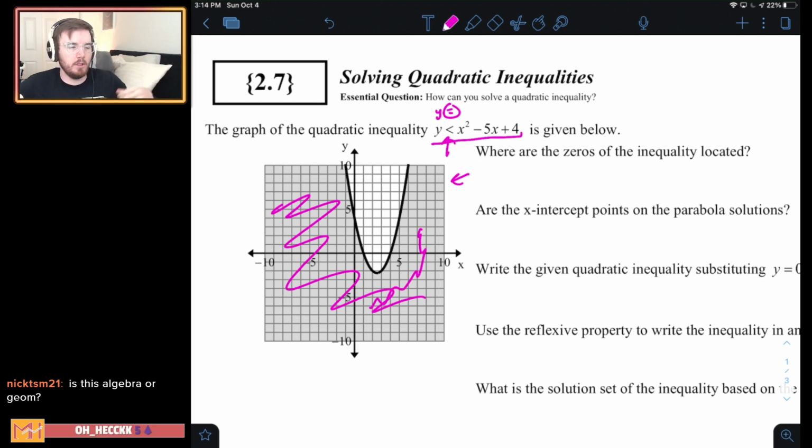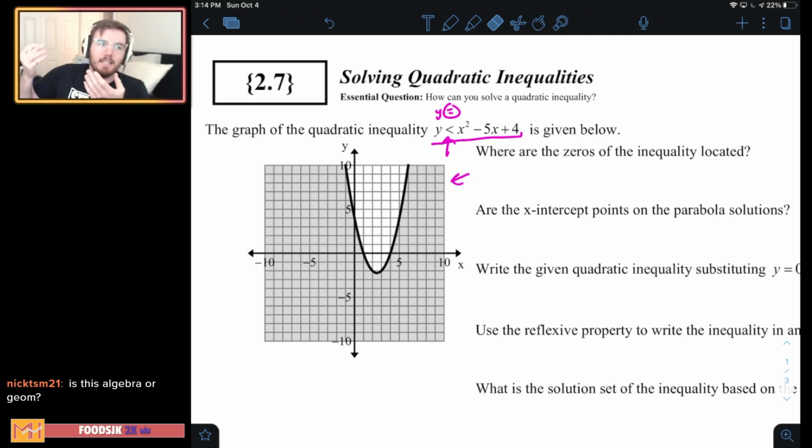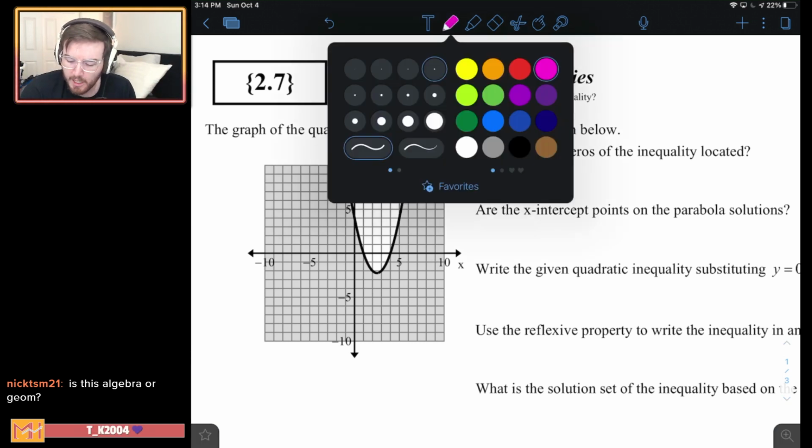So shaded below means less. Shaded above means greater. I think that's pretty straightforward, because less means to be underneath. If you have less money than them, your dollar amount's going to be underneath. If you are less worthy, you're small, you're being overcome by the more powerful person. Less means underneath, okay?